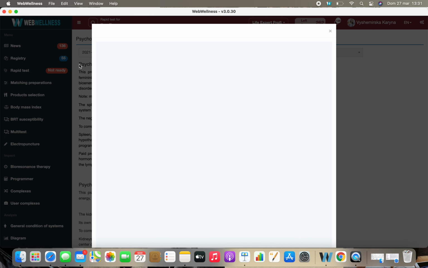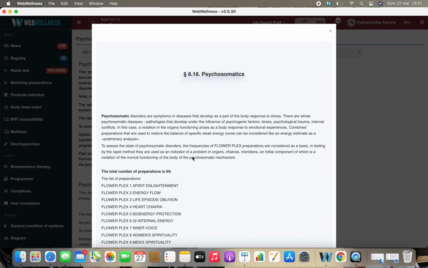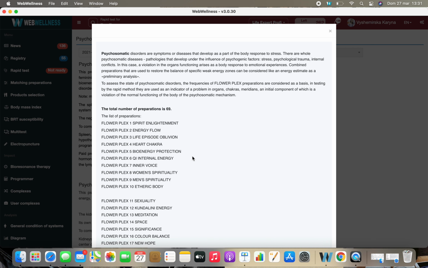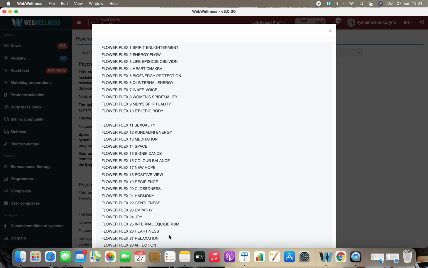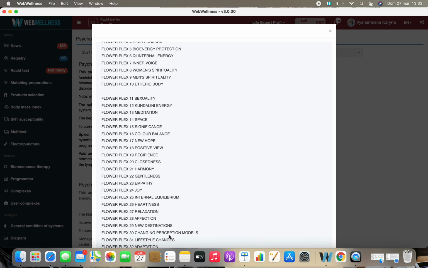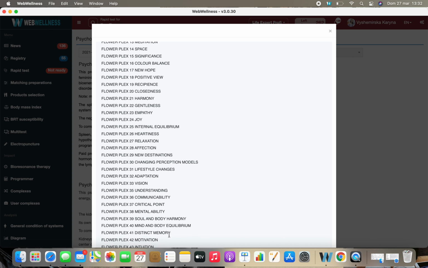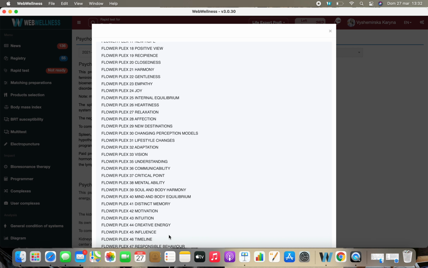I personally love this part of the report because it takes into account the emotional part, and we know that if the organ or system is suffering, for each emotion we have a connection with different organs or systems. And if the specific organ or system is suffering, it may be because of a certain emotion, and a certain emotion already has an explanation in the psychosomatic part.